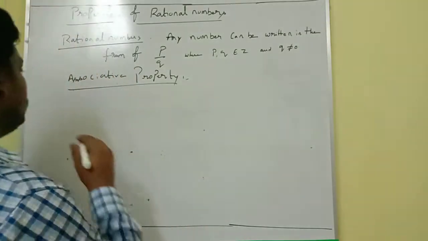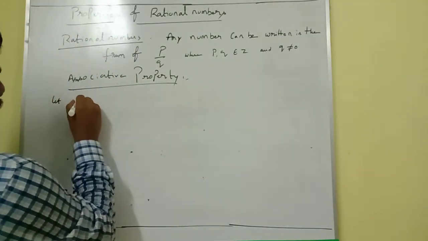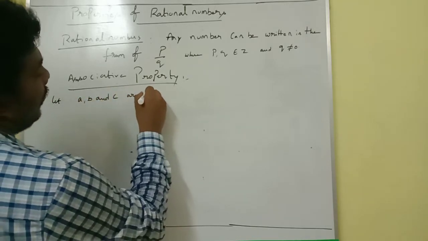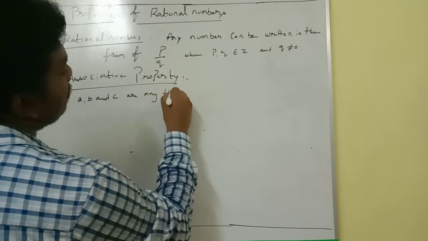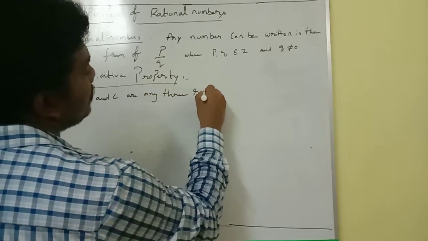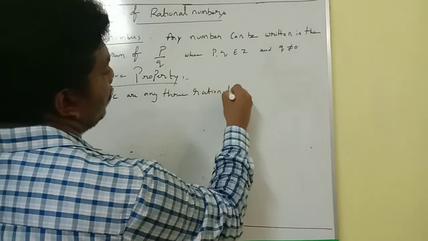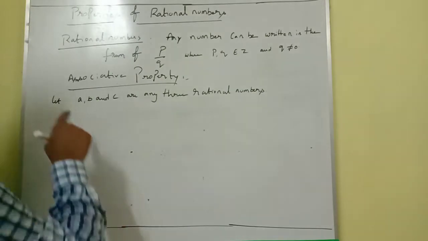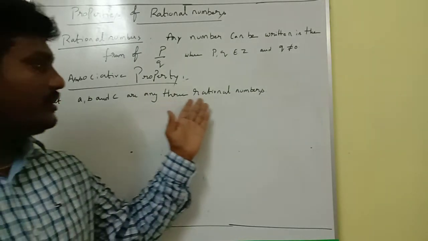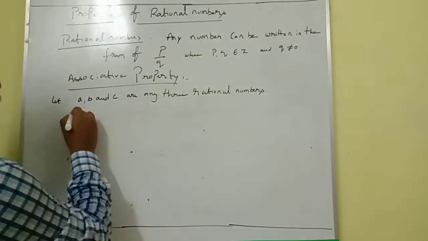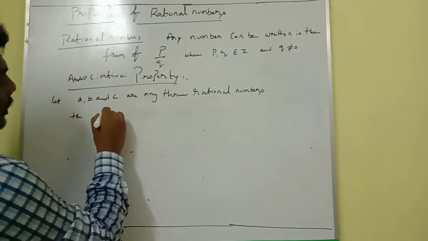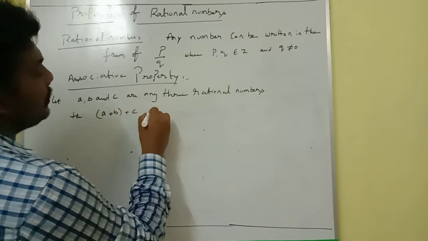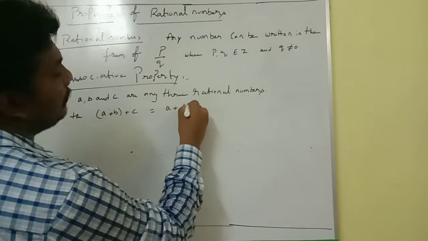Let A, B and C be any three rational numbers. Then (A plus B) plus C is equal to A plus (B plus C).